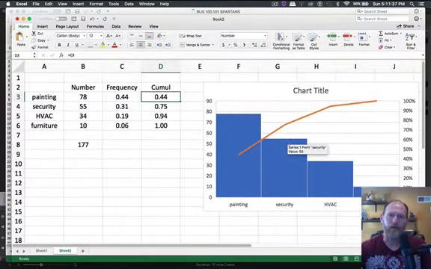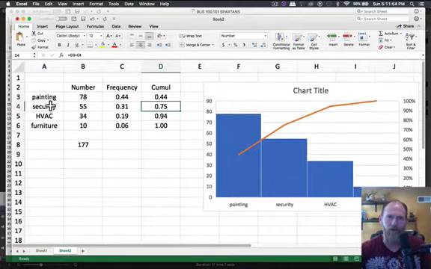So security, when I go to security and I look at where this dot is, I'm not tracing this way, I'm tracing over here, and that dot for security intersects this axis roughly around 75. Again, security and painting together account for 75% of the responses, and so on and so forth.